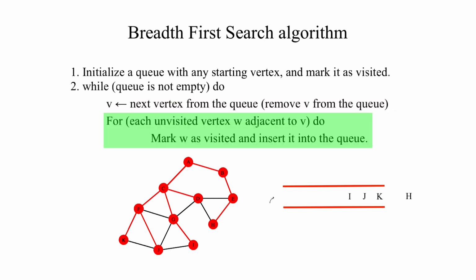As every vertex adjacent to H is visited, nothing is done. The same occurs with the remaining vertices in the queue. They are simply removed, one by one, until the queue is empty. The algorithm is finished.